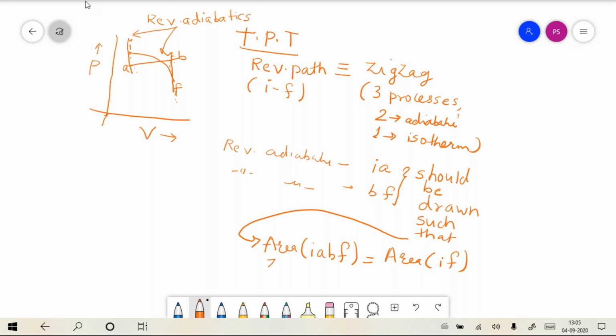Whether this is understood? I'm pausing a bit and asking you this question. You can answer in yes or no. Or you want me to repeat this? Ritesh, it's understood? Nikhil, yes.